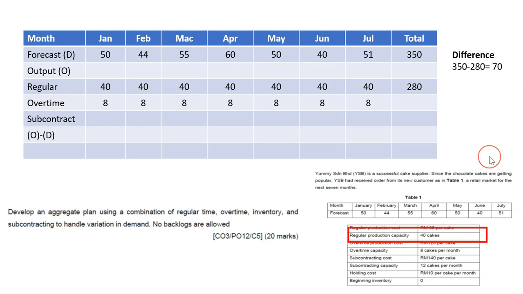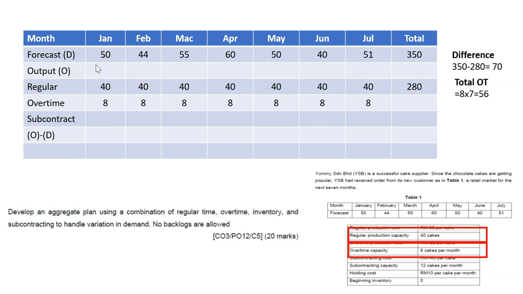We know the capacity of overtime is 8, so we put 8 across the months, and then we go through one month at a time to look at whether we require subcon or not. For January, do we need any subcon? We need 2, because the output is only 48 and the demand is 50.